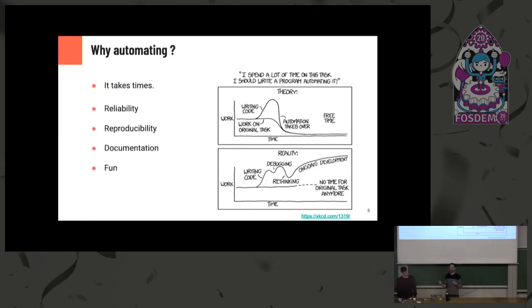But there are still some benefits, and the real benefits there are reliability and reproducibility. By that I mean your scripts, they do not make any mistakes, they never forget anything, so you are guaranteed that if you run your script several days in a row, they will always behave the same and behave consistently. Also, a nice addition is that scripts will become your documentation.